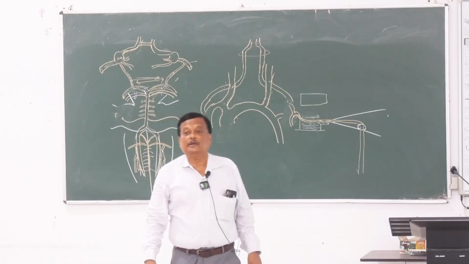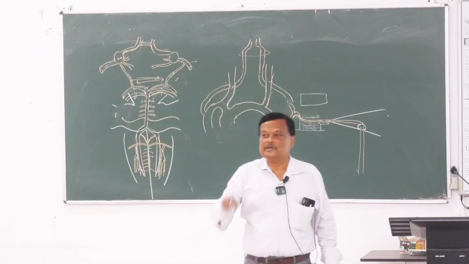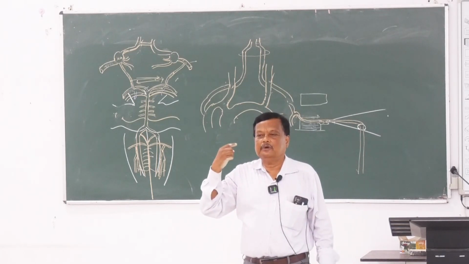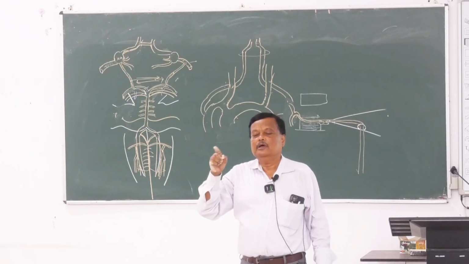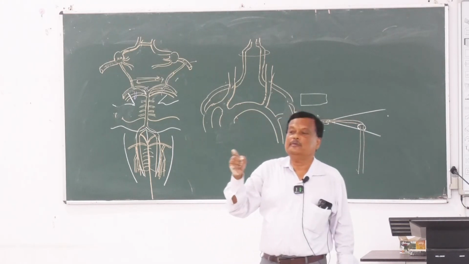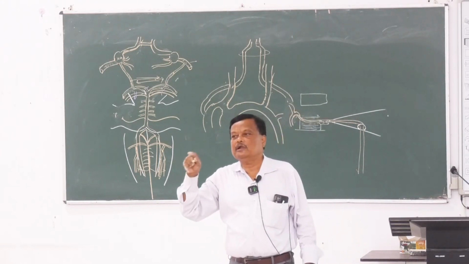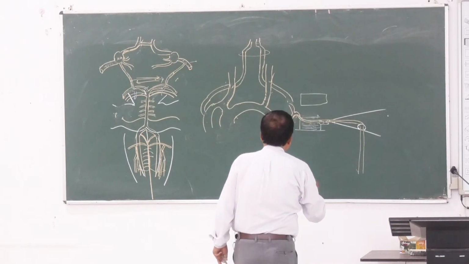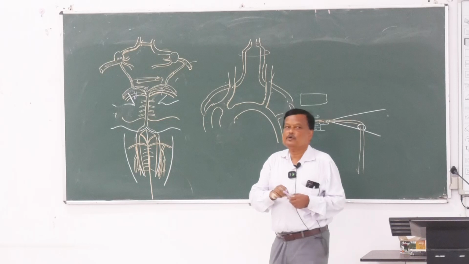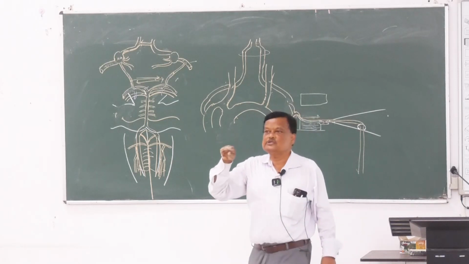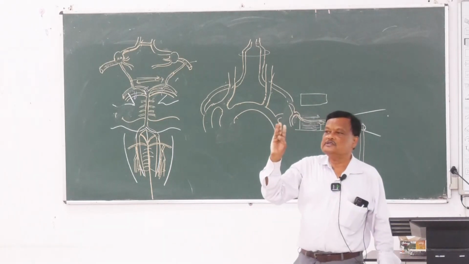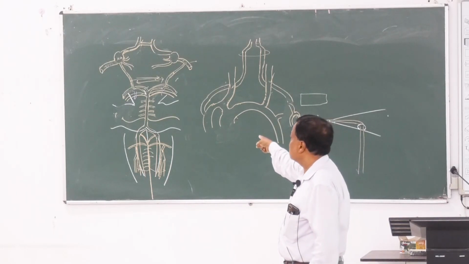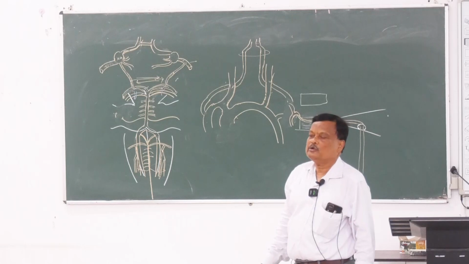The internal acoustic artery, or internal auditory artery, enters through the internal auditory meatus, through which the facial nerve and vestibulocochlear nerve enter. It is in the petrous part of the temporal bone. Three structures usually enter through this opening: the facial nerve, the vestibulocochlear nerve, and this artery, the internal auditory artery.